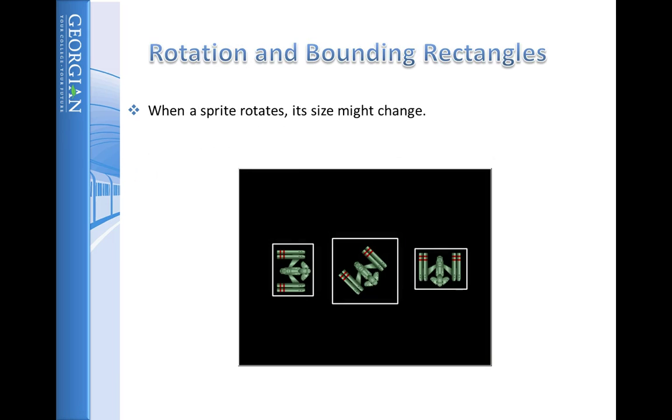Here's an example with these sprite images. Looking at this spaceship, the default orientation is the spaceship moving east, to the right. Notice the bounding box for the sprite is quite small because it bounds as tight to the sprite as possible.